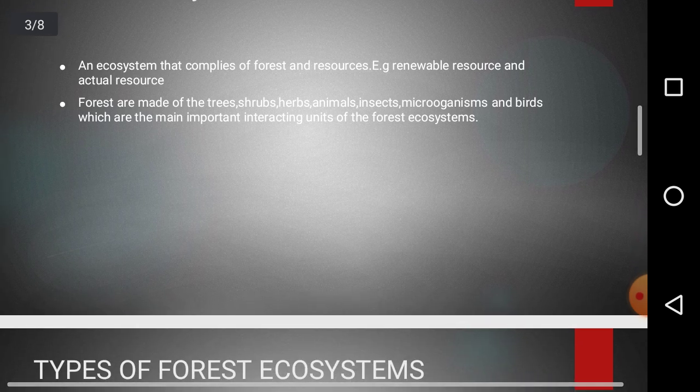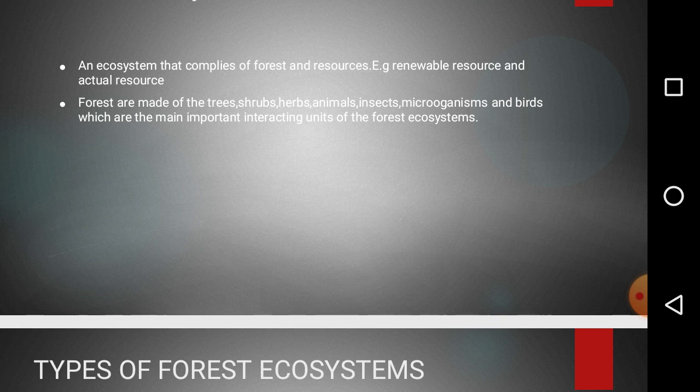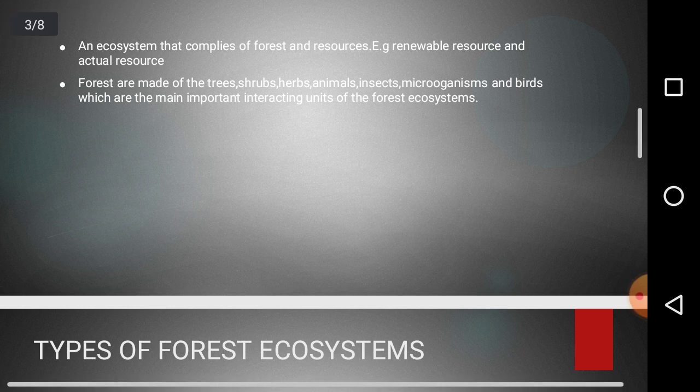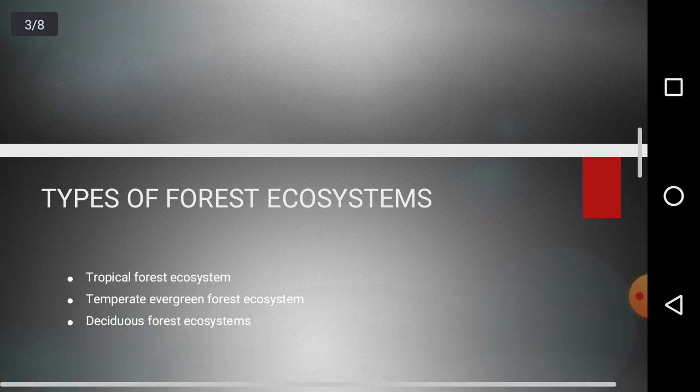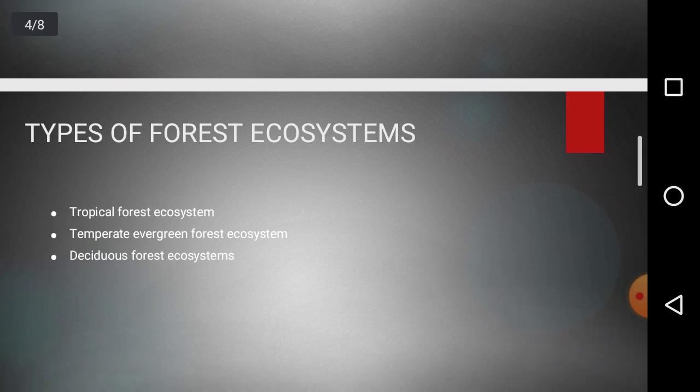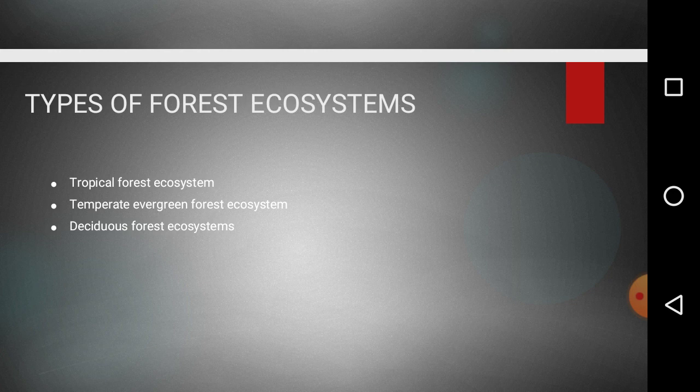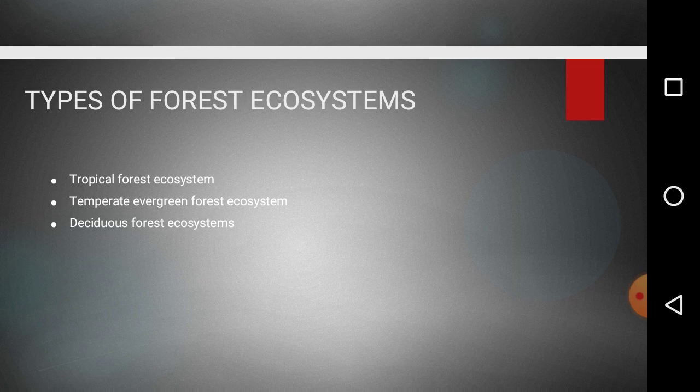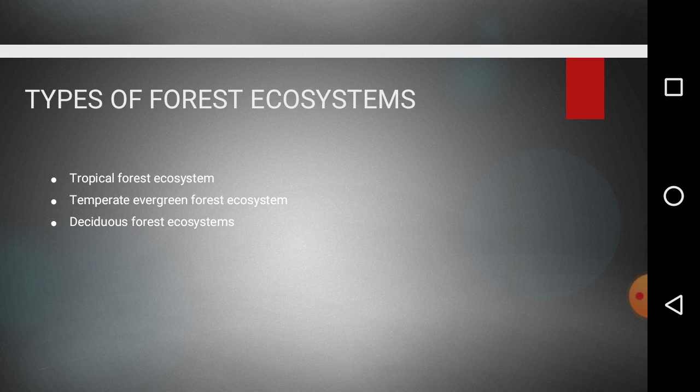Furthermore, the forest ecosystem provides natural habitat to plenty of plants and different animals. Let's look at the types of forest ecosystem. Forest ecosystem has different types, namely tropical forest ecosystem, temperate evergreen forest ecosystem, and deciduous forest ecosystem.